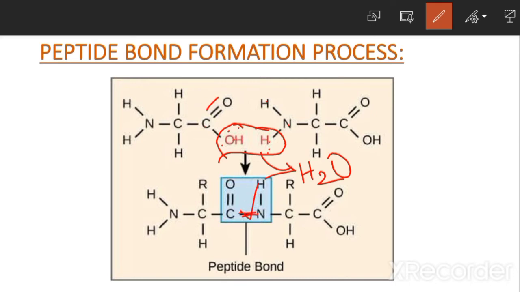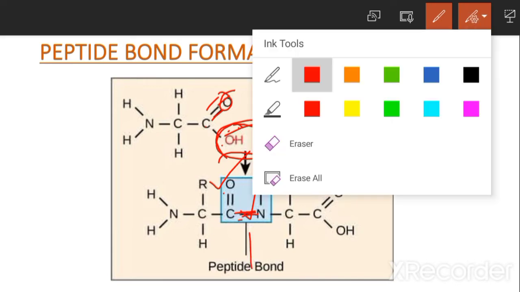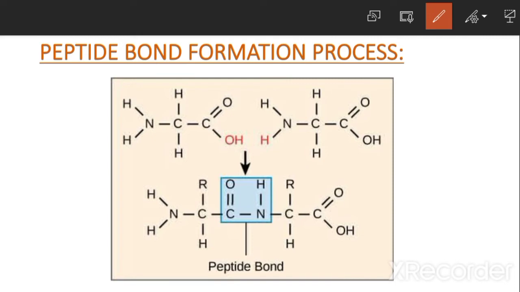And here C double bond O and NH are also present. When one mole of H2O is removed, it creates a bond between C and N. This is the peptide bond.